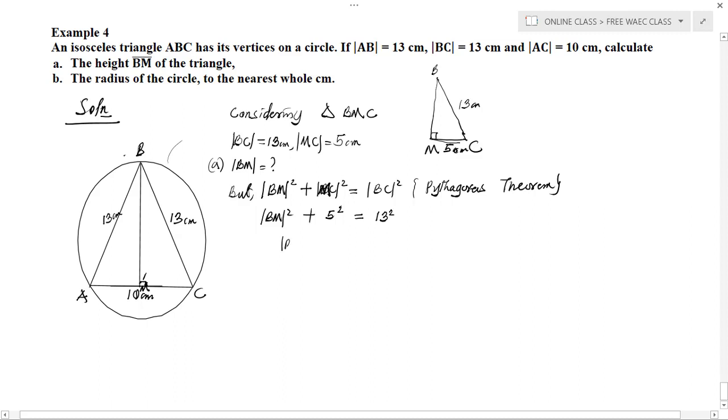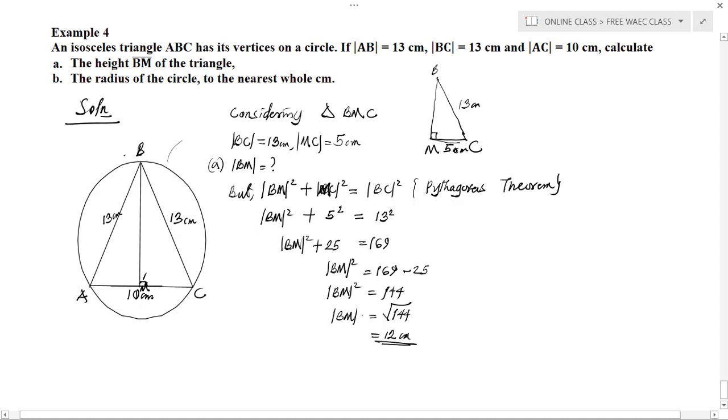So we have BM squared plus 25 is equal to 169. That is BM squared equals 169 minus 25. We have BM squared equals 144. BM equals the square root of 144, and that's 12 centimeter.